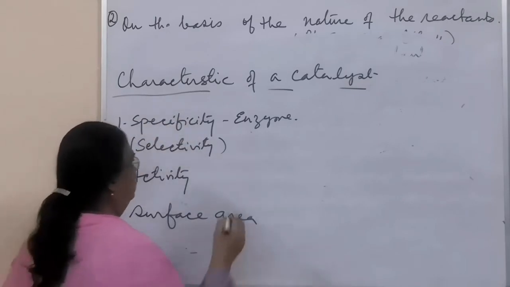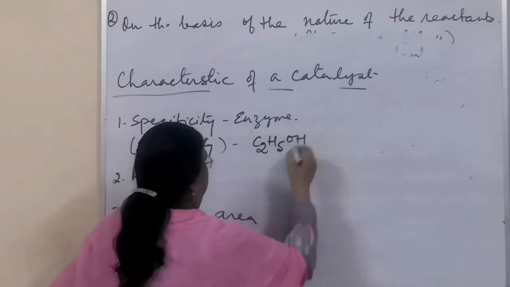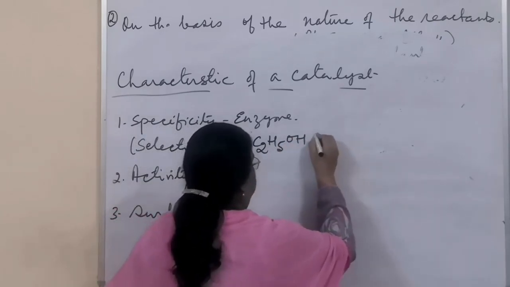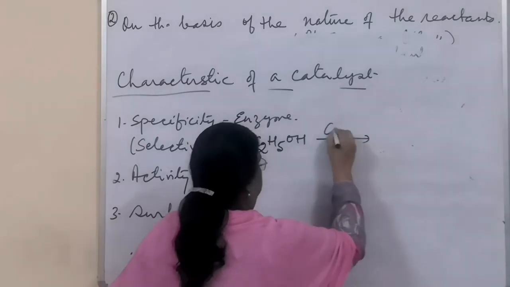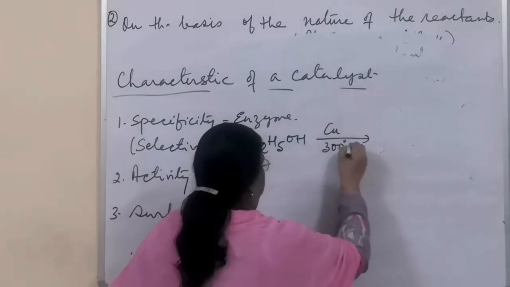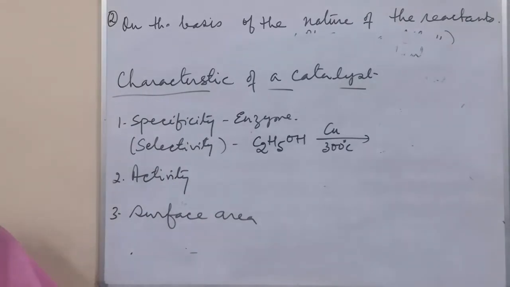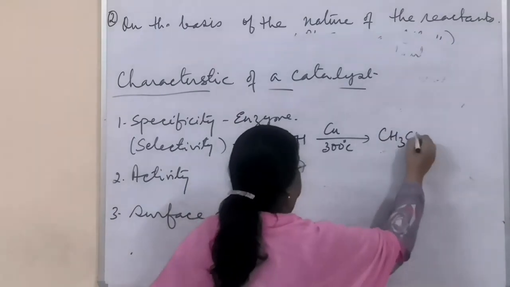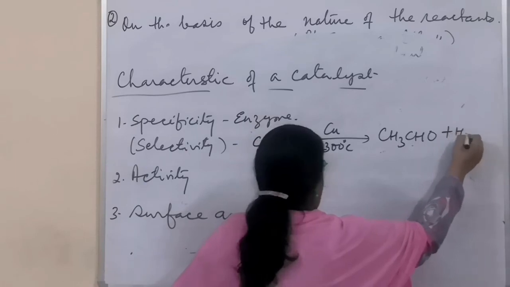One kind of enzyme cannot react with all other chemical compounds in the same way. Similarly, selectivity: you have studied the reaction of ethyl alcohol. When it is heated in the presence of copper at 300 degrees Celsius, it forms acetaldehyde, CH3CHO, and hydrogen gas comes out.